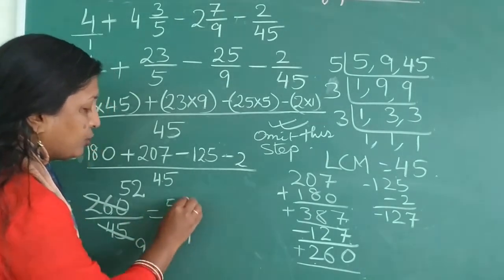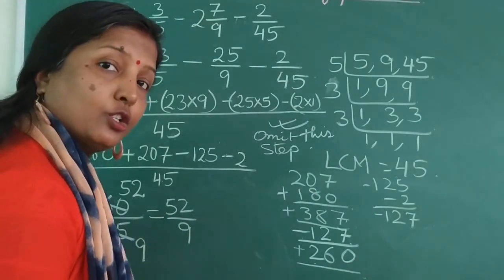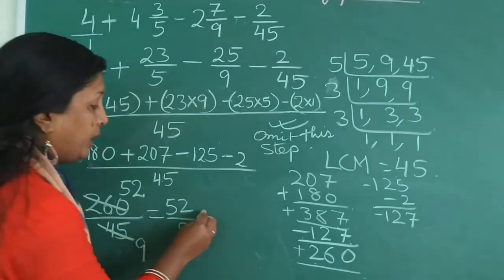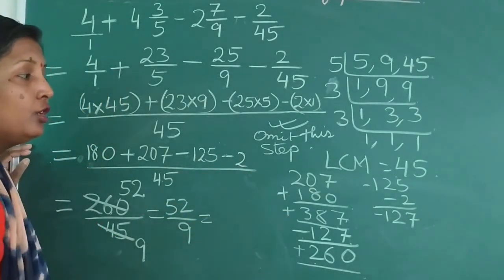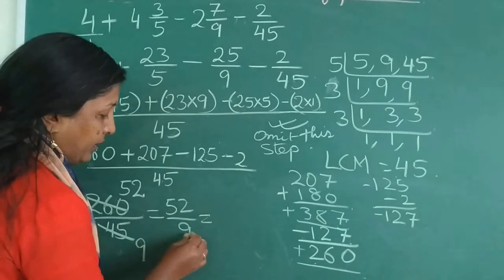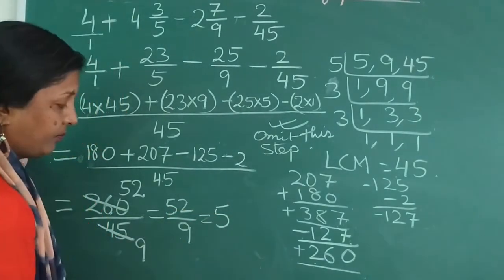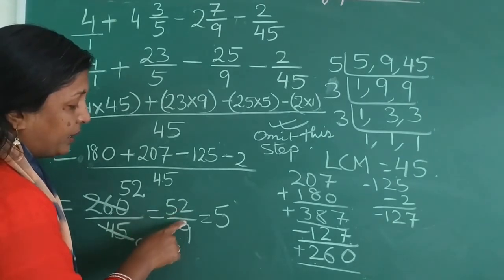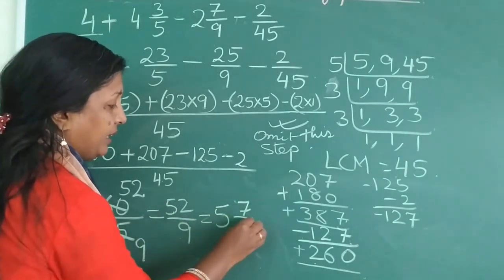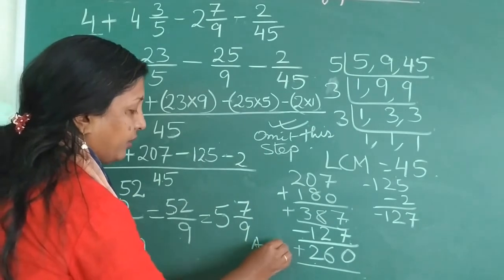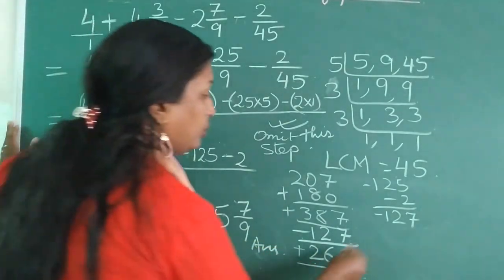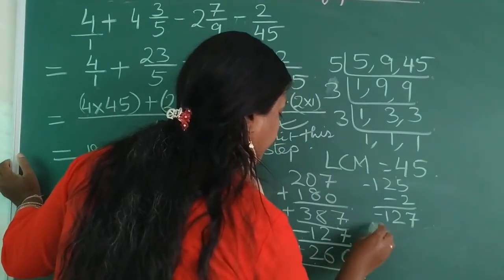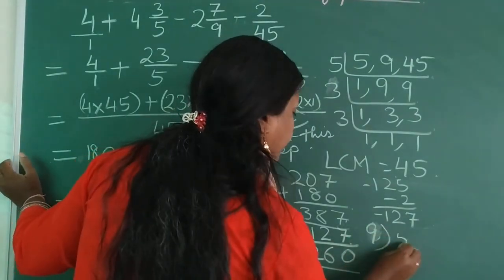Now 52 by 9 is an improper fraction. So we need to convert this improper fraction to mixed fraction. So you may do it orally or you may go for showing it in division. So 9 5s are 45. We get the 5 and then 52 minus 45 gives us 7 by 9. I did it orally children, but if it is not okay with you, you can go for the division. 9 and 52.